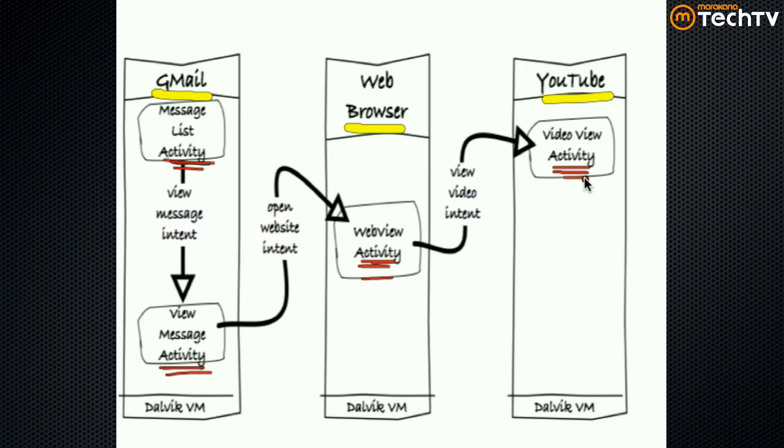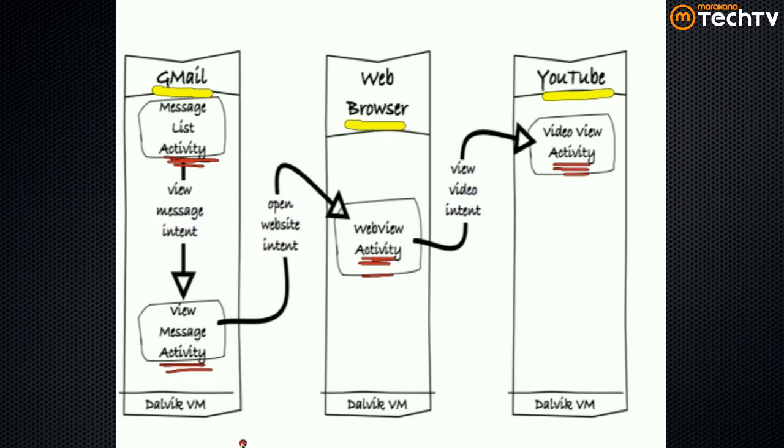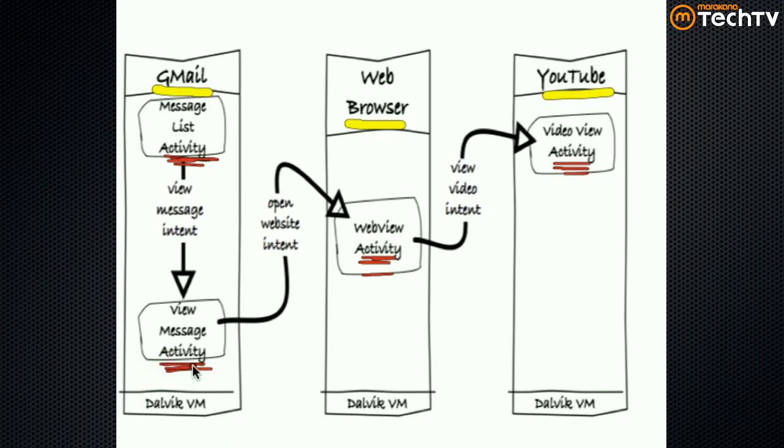Now, an intent can be explicit or it can be implicit. An explicit intent is where you spell out what you want to do. Like in this case, we spelled out that we want to open up a particular message in the Gmail application. So that's why it handled it using Gmail's own message view activity. Now, when I clicked to open up a web browser, I didn't have to specify a specific web browser.